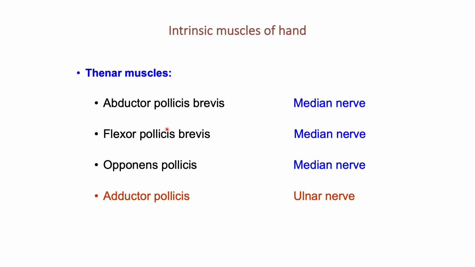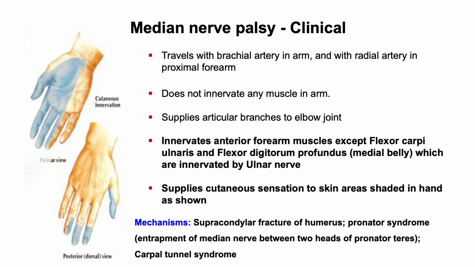Any muscles which act on the thumb are referred to as pollicis. So these are the muscles which form the thenar eminence. Among these thenar muscles, the first three are supplied by the median nerve, but adductor pollicis is innervated by the ulnar nerve. So these are the intrinsic muscles of the hand at the thenar area.